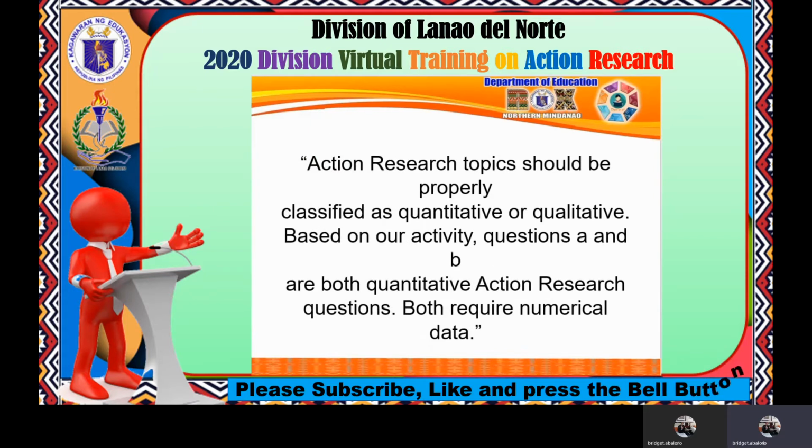In this kind of activity, we could say that action research topics should be properly classified as either quantitative or qualitative. Based on our activity, questions A and B are both quantitative action research questions. Both require numerical data, meaning in order to have the proper result of the data, we are going to use numbers and compute the data.